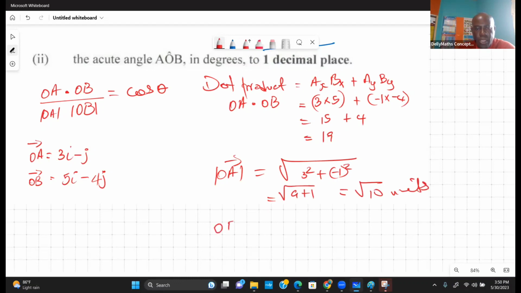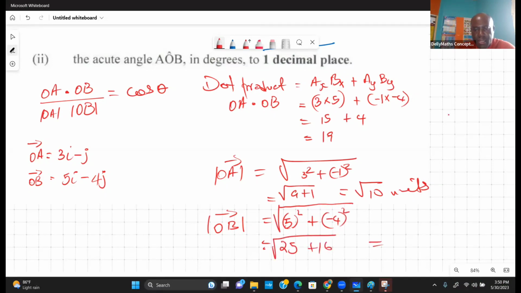And then OB, we want to find the mod of that as well. And OB is going to be 5 squared plus -4 squared. And this is 25 plus 16, and that's 41, right? So the root of 41 right there.